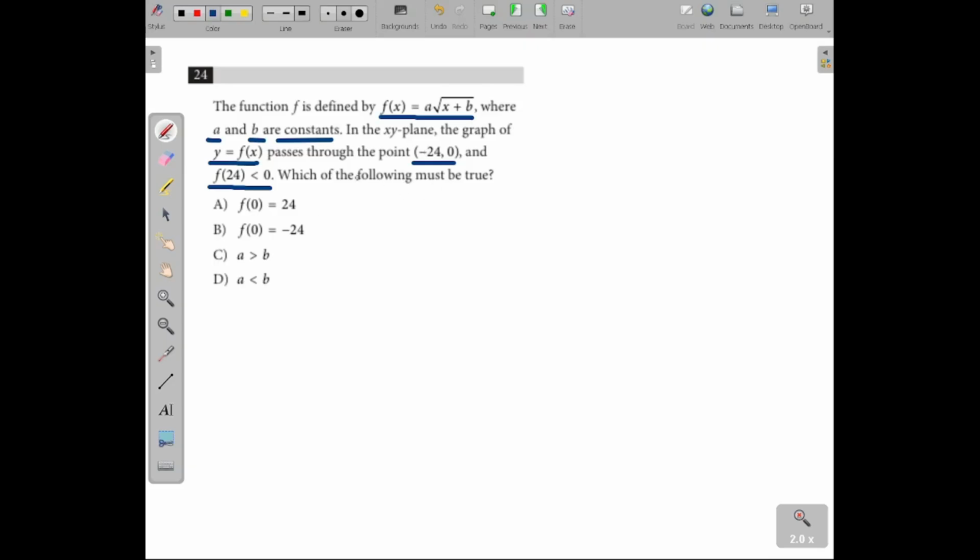So we have one condition here: f of 24 has to be less than 0, and we have this point when y is equal to f of x. So we can get one equation. Let's start. We have the function f of x is equal to a times the square root of x plus b.